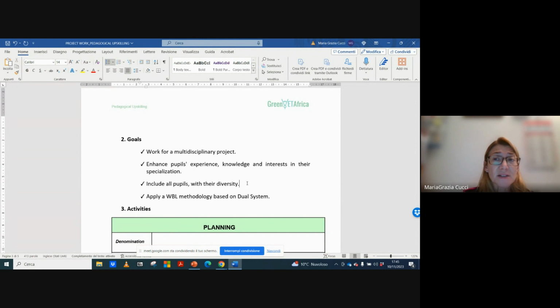It is a diversity even if we have a more skilled pupil, more skilled student. You do not have to think of diversity as something that is less. It can be also more. And then apply WBL methodology based on dual system.